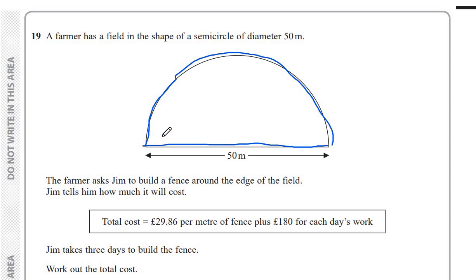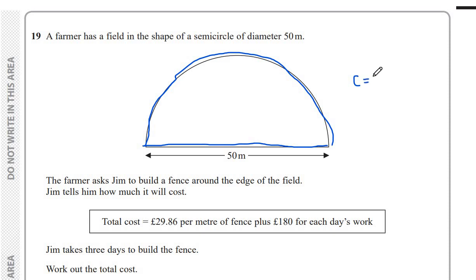That means we need to find the circumference and halve it, so that we get the length of half of the circumference. So let's start with that.